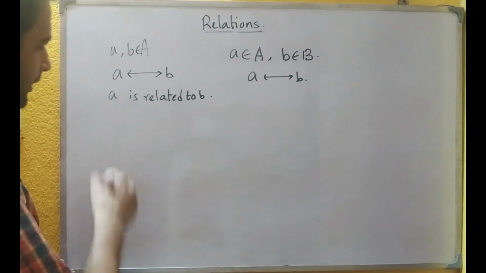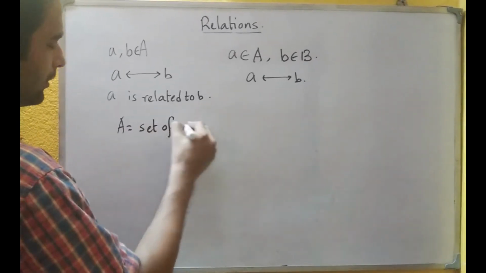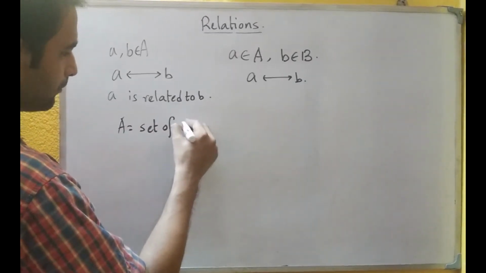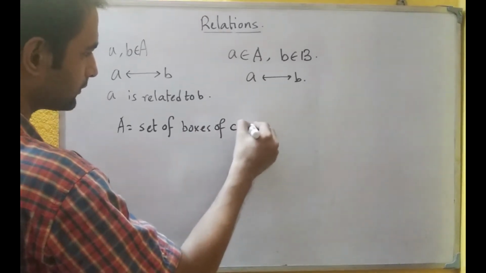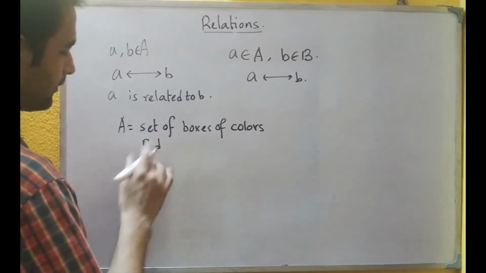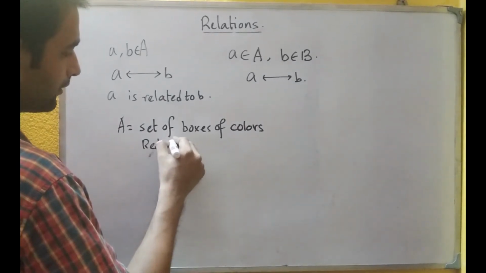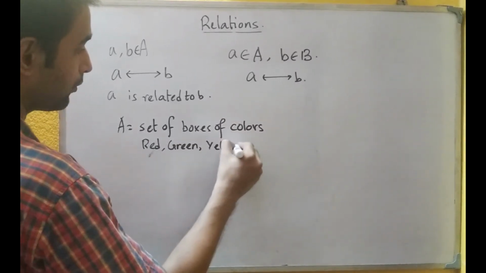For another example, let us take A as a set of boxes of colors red, green, yellow and blue.